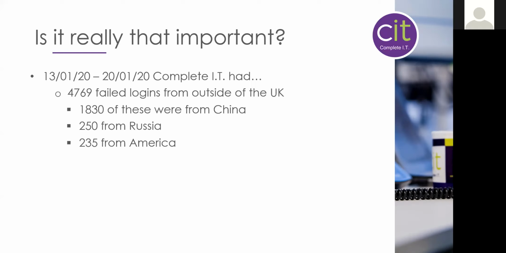Why on earth would we have it open to the world, to 2,000 attempted logins in a week from China, when we have no one working in China and we're never going to have someone going over to China to try and sign in? Rather than letting them fail, and God forbid, managing to break the password and get in and access all of our data and harvest it, why don't we just stop them from logging in entirely? And you can do that with conditional access.